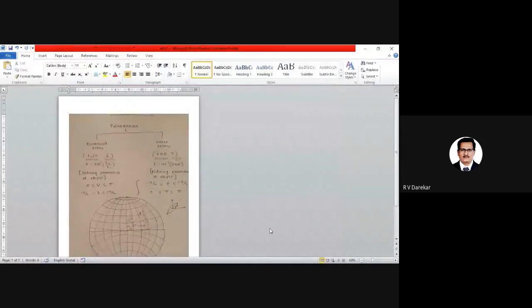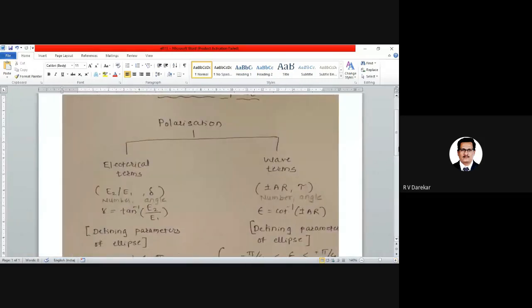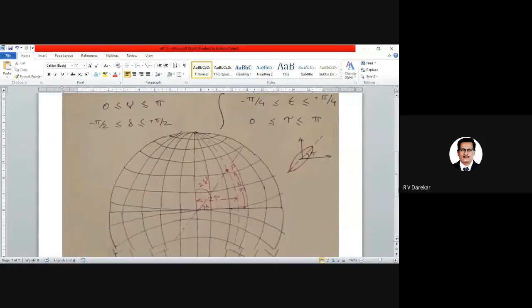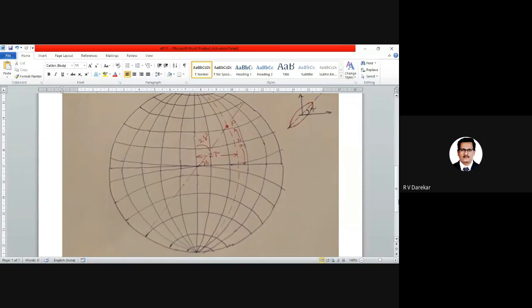Yes, I think this image will be somewhat clearer than the previous image, and it will be possible for you all to understand in a more effective way than that of the previous diagram.